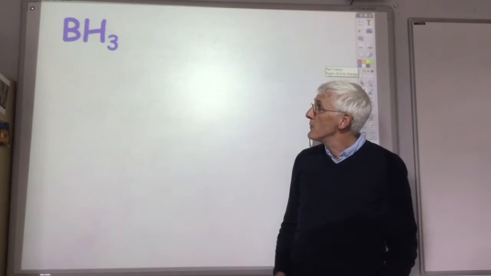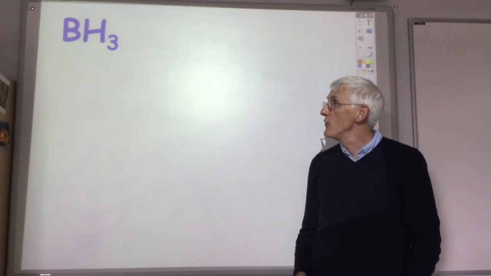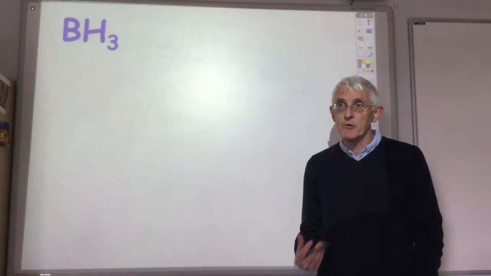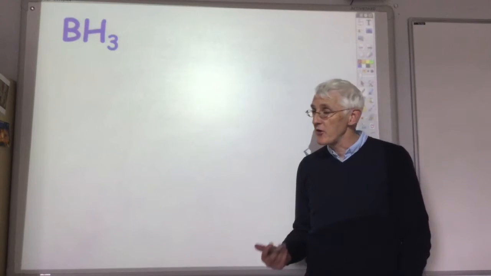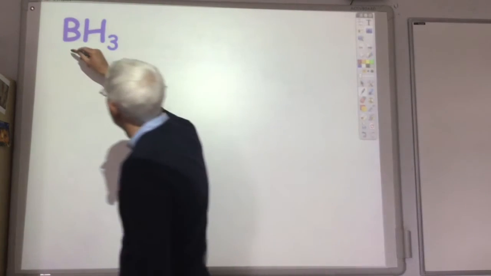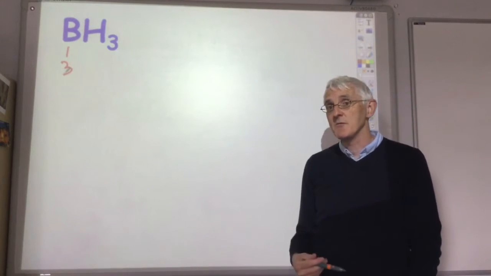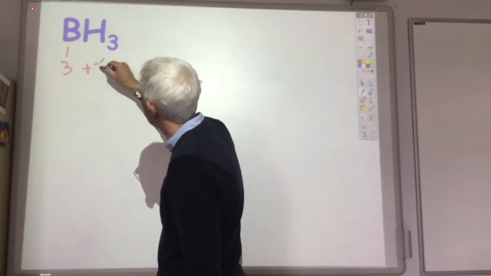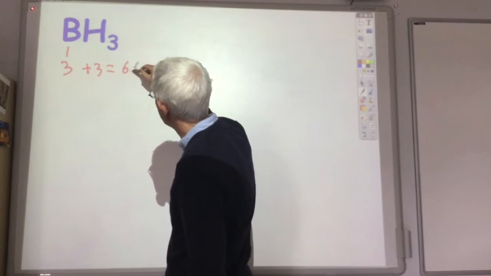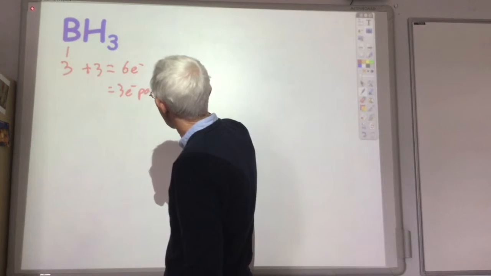Let's do another example. So if we're asked to work out the shape of the boron hydride molecule, well, we look at the central atom boron. It's in group 3, so it's got 3 outer electrons, and then 1 electron is donated by each hydrogen atom forming a covalent bond with it, which gives us another 3, so it gives us 6 electrons, which gives us 3 electron pairs.